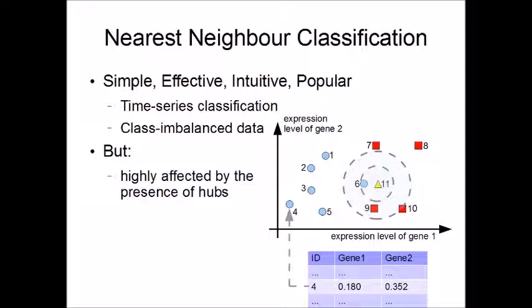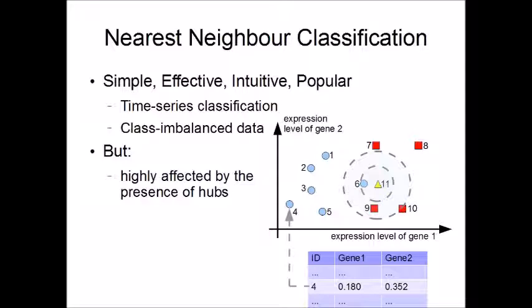However, despite its simplicity, there are some mathematical theorems about the effectivity of nearest neighbor classifiers. Nearest neighbor classifiers are also very popular in practice, exactly because of their simplicity and because of their intuitive nature. That is, nearest neighbor classifiers deliver a human understandable explanation for the classification decisions in the form of a set of similar instances, in the form of the set of nearest neighbors.